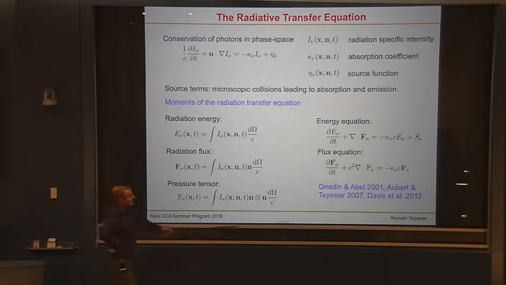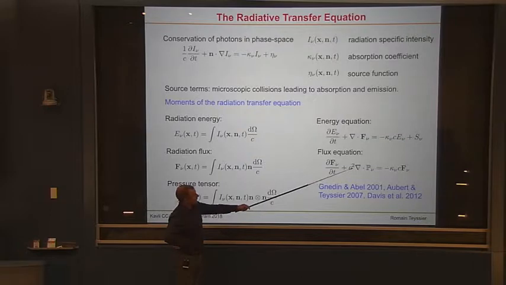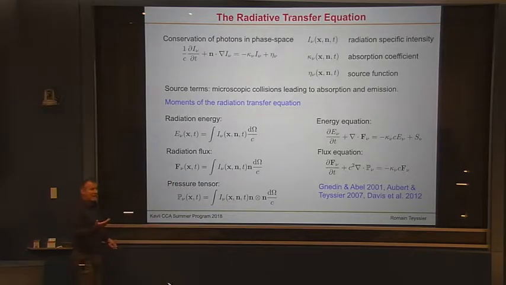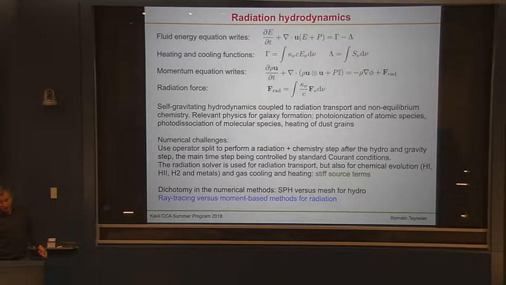This C here will give you a Courant factor, which I defined yesterday. The wave speed for the radiation is basically the speed of light. So the time step you will have to use in order to stabilize your numerical scheme, whatever it is, will probably be very small. Okay, so that's another issue, usually described in jargon as stiff terms. Stiff means they have time scales which are incredibly smaller than the natural time scale of the hydro.